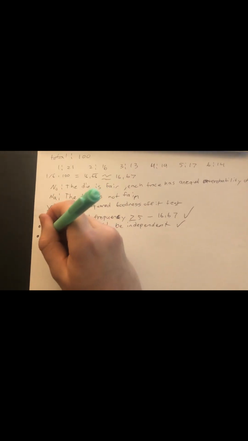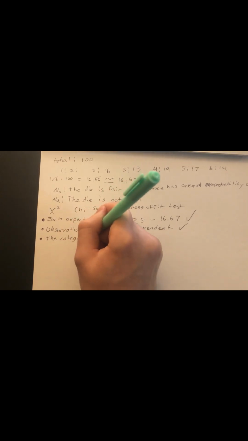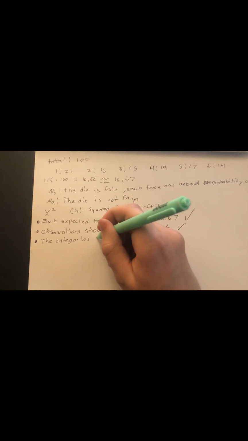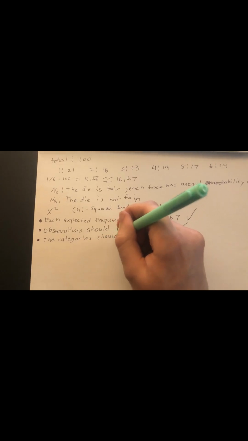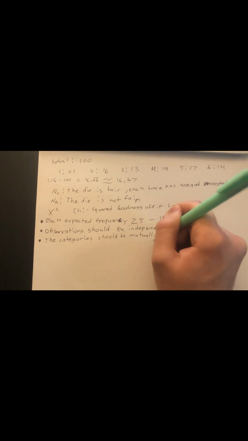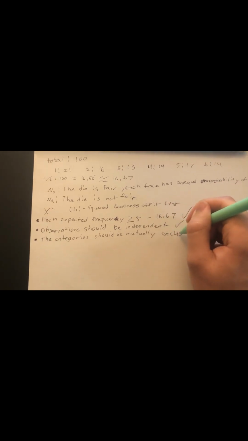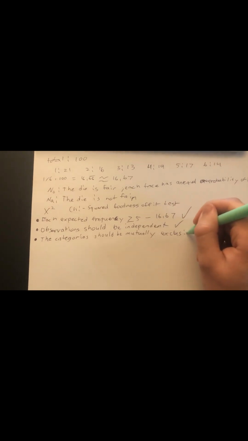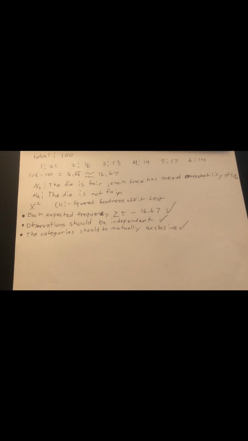And then lastly, the categories should be mutually exclusive. And this is correct because if you roll a 1, for example, that roll cannot also be equal to a 2, 3, 4, 5, or 6, and that goes for any of the other results as well.